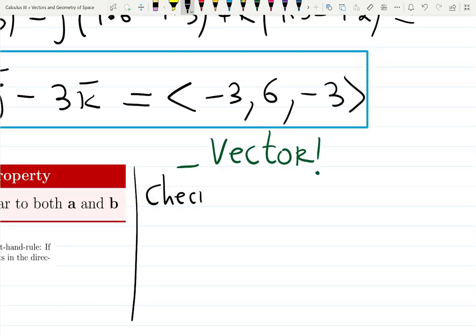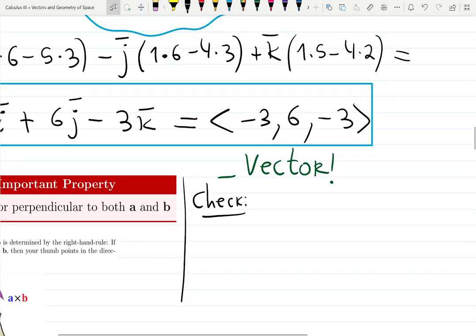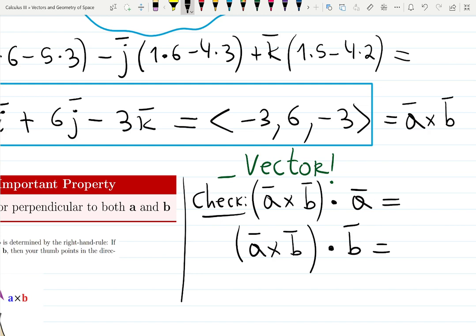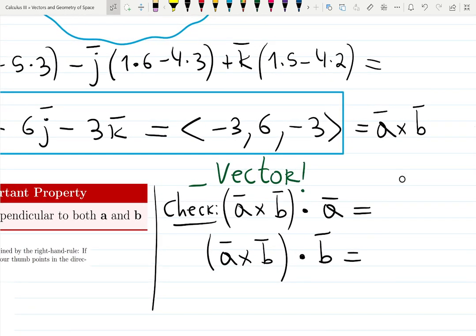To check that this is a correct answer, we can take this answer, which I'll call A cross B, and do a dot product with A, and then also a dot product with B. If you understand what is going on right now, who can guess what the answer should be? 0. Why? It's perpendicular to both, exactly.